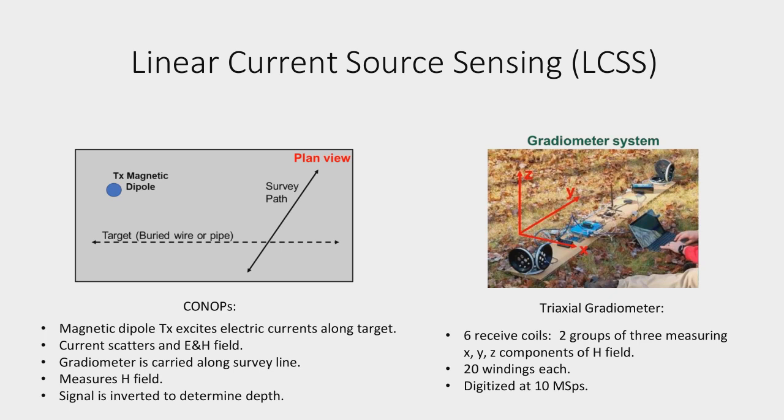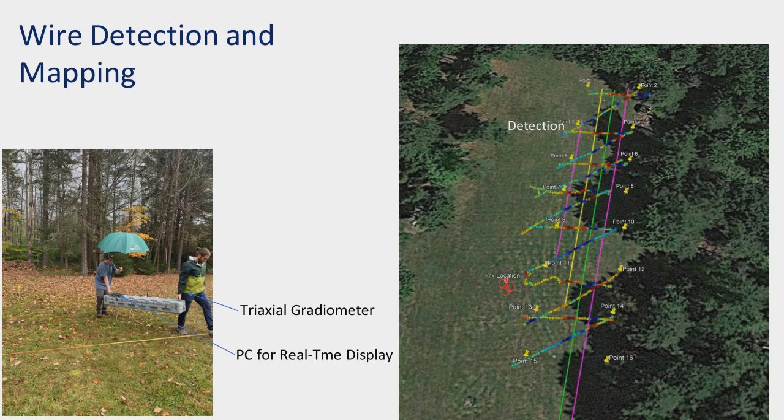Whereas for traditional EMI sensing, we use the magnetic field for excitation as the primary field, as well as the magnetic field for receiving. And here are some detection maps.